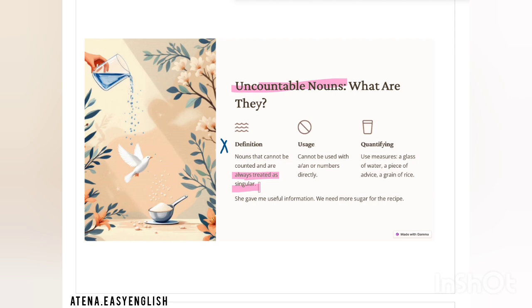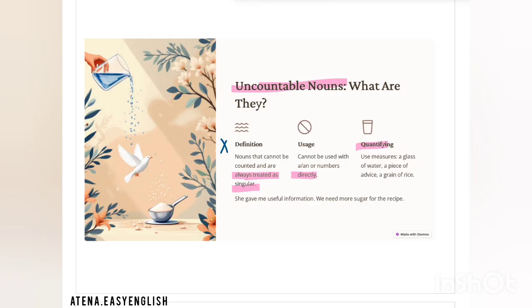And look at the usage. They cannot be used with a or an or numbers directly. So maybe when it's indirect, you can use it. But directly, you cannot put a, an, or numbers before uncountable nouns. And quantifying: use measures. A glass of water, a piece of advice, a grain of rice.